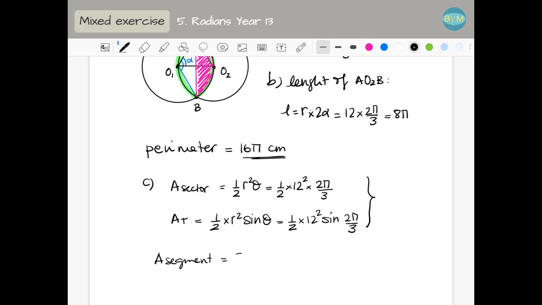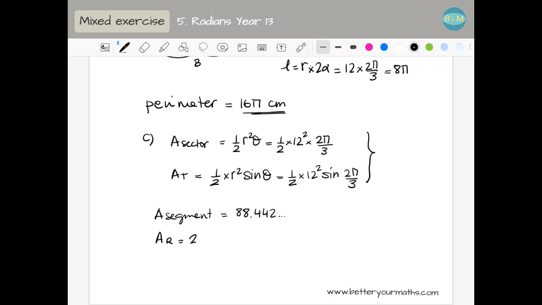Calculator, and we get 88.442, which means the area of R, the one that I'm looking for, is going to be 2 times that. 2 times the pink area. So it's 2 times 88.442, which is 176.884.